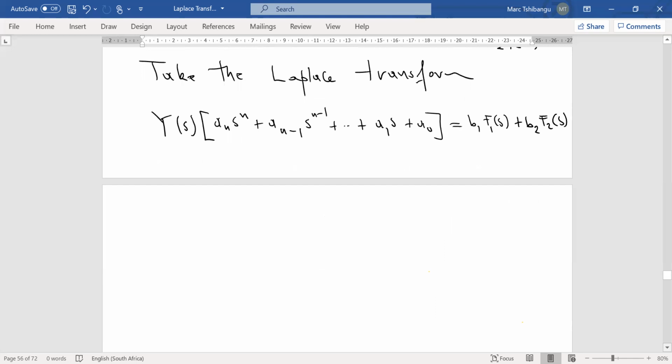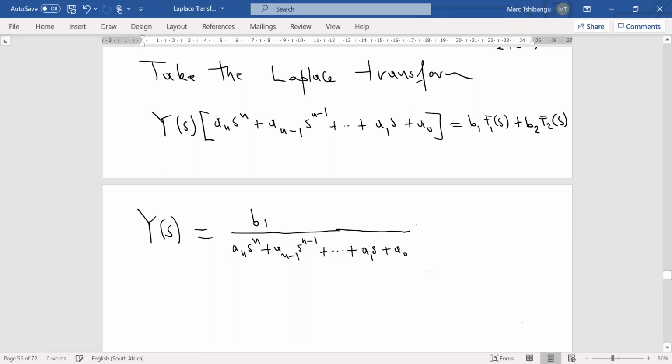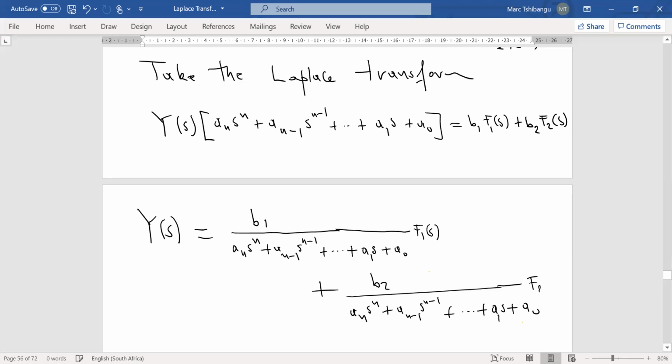All right, and then Y(s) will be equal to b1 over an s^n plus a_(n-1) s^(n-1) plus a1 s plus a0 times F1(s) plus b2 over an s^n plus a_(n-1) s^(n-1) plus a1 s plus a0 times F2(s).